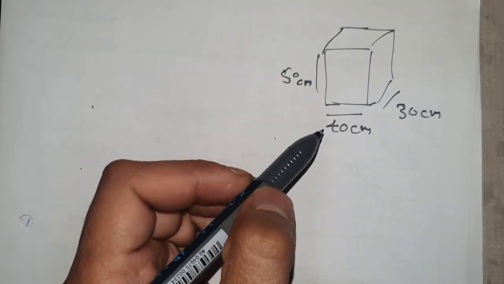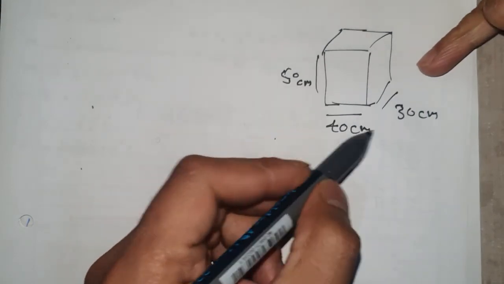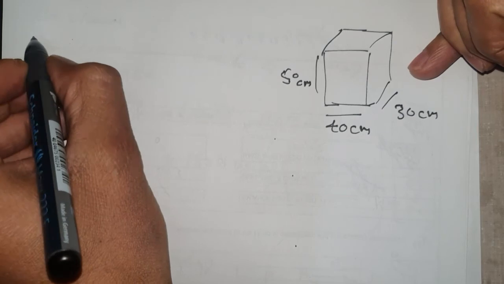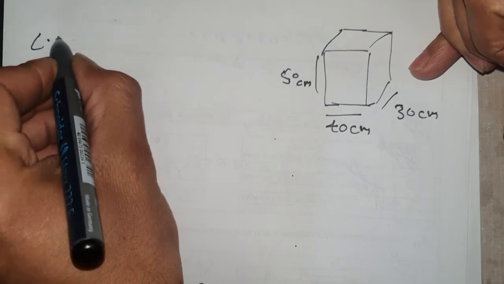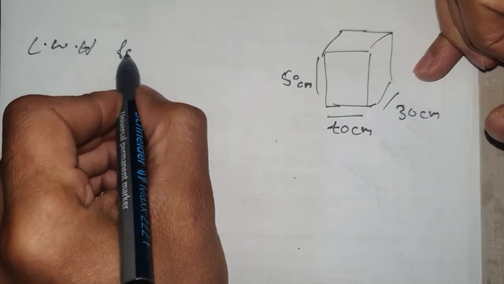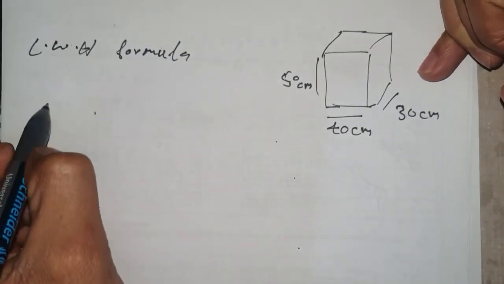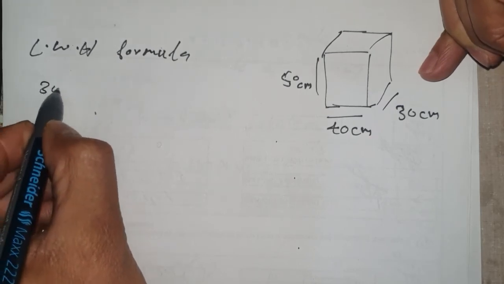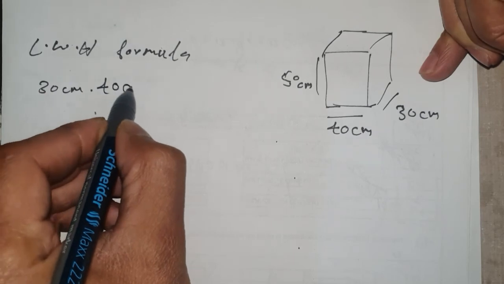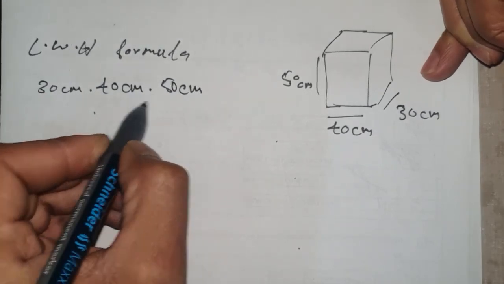For this, first of all we have to find the volume of this box. The formula for finding volume is length times width times height. So we put these together: 30 centimeters times 40 centimeters times 50 centimeters.